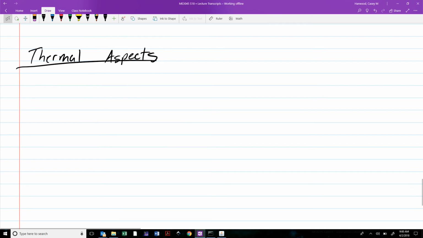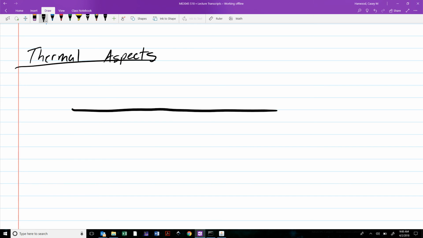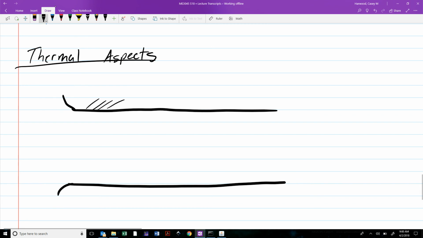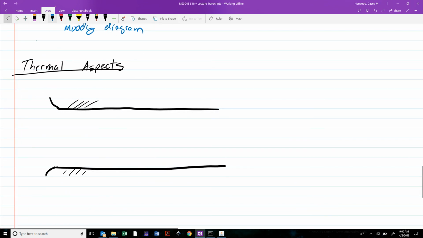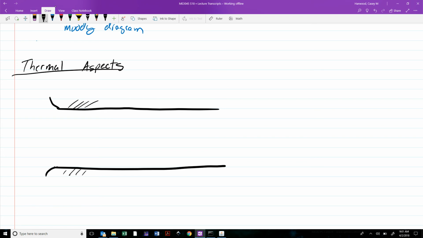So we'll sketch the pipe once again, with x and r axes.